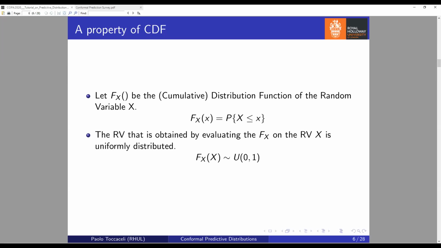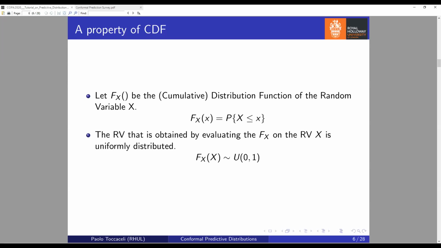Before I provide the definition of conformal predictive distribution, I want to remind you of the property of cumulative distribution function. So if we have a random variable x, and we denote with f of x the cumulative distribution function, then there is this property that if I take instances of the random variable x and I evaluate the expression of f of x on these variates, I obtain numbers that of course are between 0 and 1, but that are uniformly distributed.